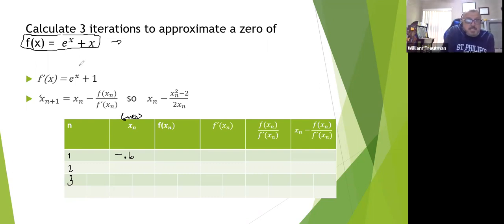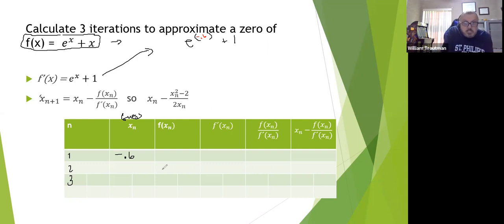So let's put negative 0.6 in this function. e to the x plus 1, and I'm going to change the color and put negative 0.6 into this function. On my calculator, e to the negative 0.6 plus 1.